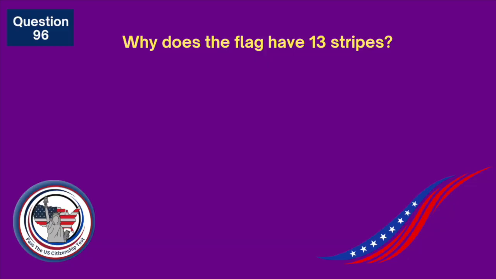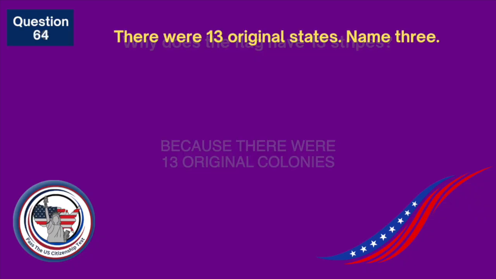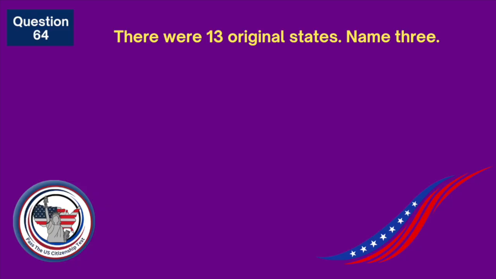Why does the flag have 13 stripes? Because there were 13 original colonies. There were 13 original states. Name 3.